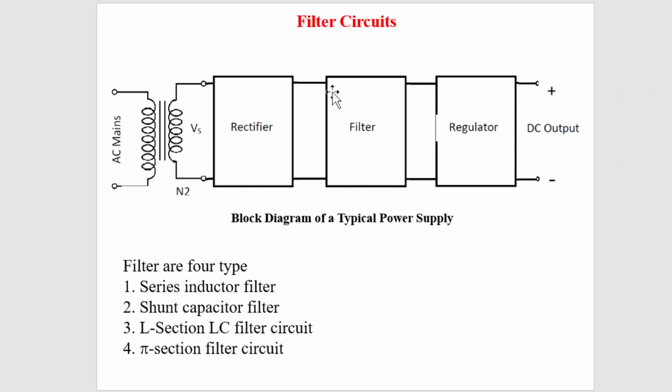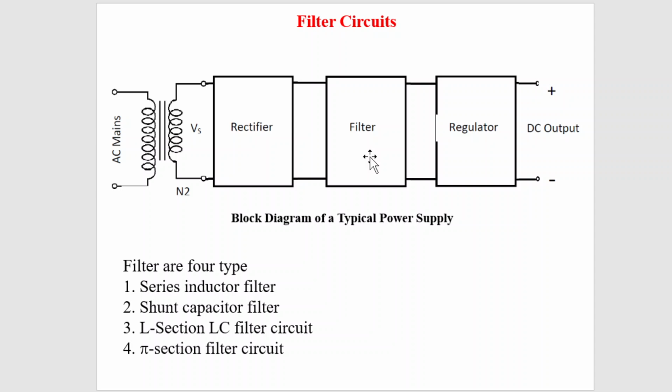Another important element of a power supply is the filter circuit, which we will discuss in the present lecture. But before starting the filter circuit, I want to give some basic concept, some basic motivation.